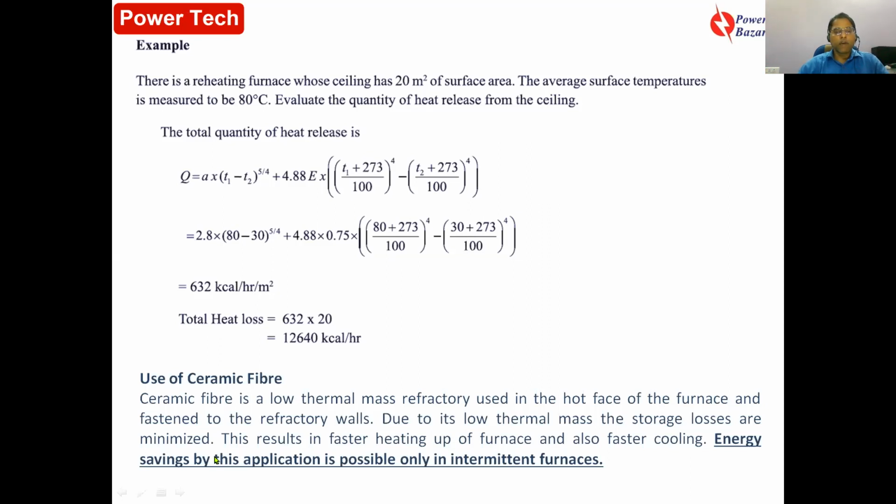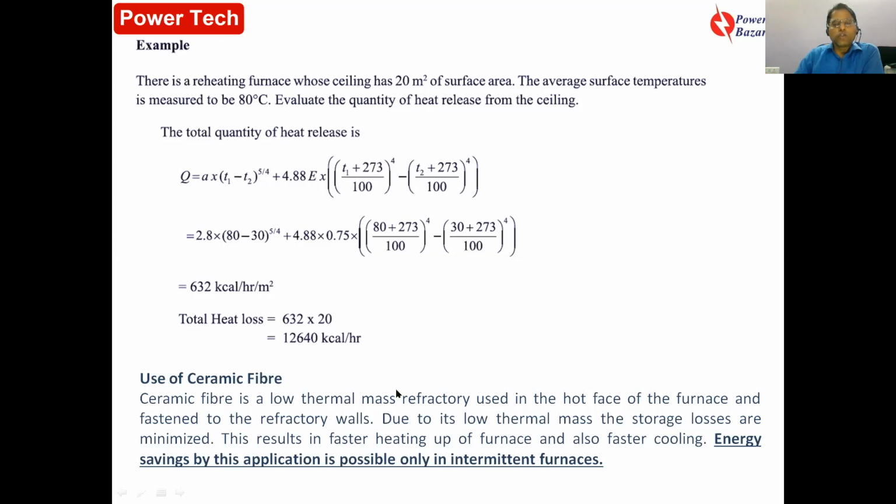Now energy saving by this application is possible only in an intermittent furnace. Let us find an example: an intermittent furnace is a furnace which does not operate continuously. So let us say it is heated up, then it is operated, then after that it is cooled, or the operation is stopped. Since during heating up or during operation some amount of heat has been soaked by the refractories and the metal, what will happen?